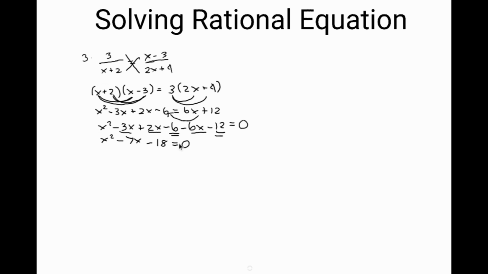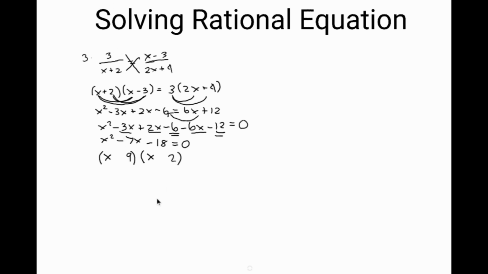Now that our quadratic equation is in standard form, we can use factoring. Let's factor first the x squared, so we have x and x. Next, we will factor negative 18, such that if we combine the two numbers, it equals negative 7. So the possible numbers are 9 and 2, but the signs should be opposite.